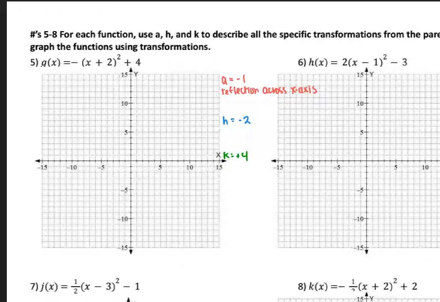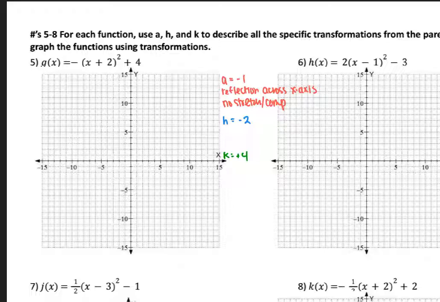And then the number will tell us whether there's a stretch or compression. Remember in our parent function, the value of A is equal to 1. So if A is positive or -1, that means there's no stretch or compression. H tells us whether or not there's a horizontal translation.